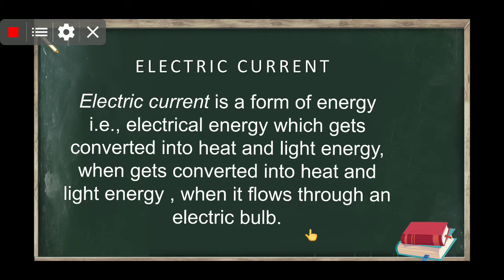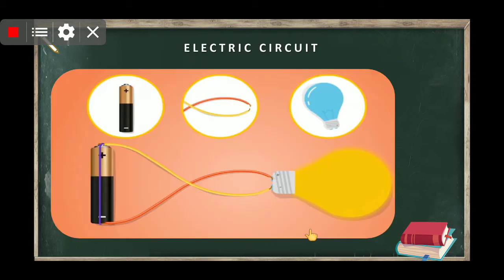So students, I will tell you now that as I'm taking the name of a circuit, what makes a circuit. As you can see here, you will require a cell, you will require wires, and you will require a medium.